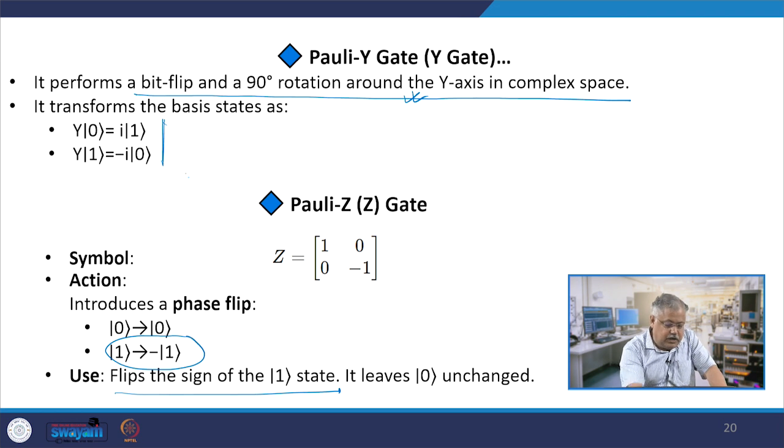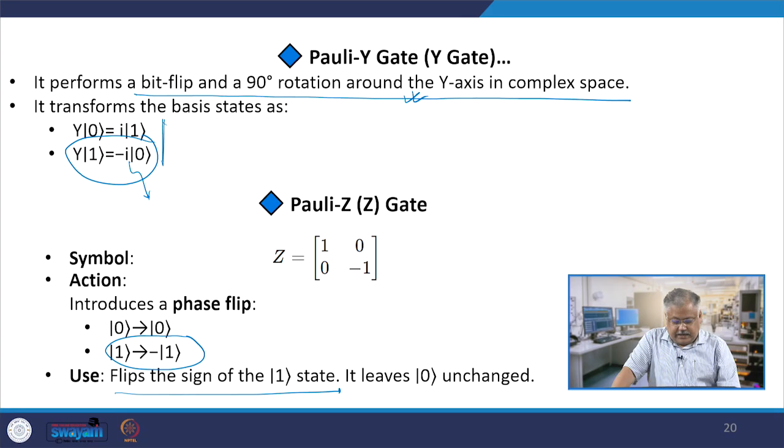If you look carefully, the Y gate also flips the sign, but it adds the complex number i here, and this therefore gives you a rotation also. Whereas the Pauli Z gate does not touch ket 0, the 0 part remains the same, but the ket 1 part changes to minus ket 1, and therefore it flips its sign.